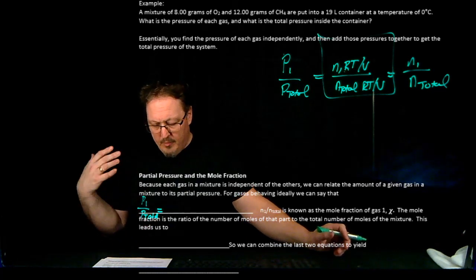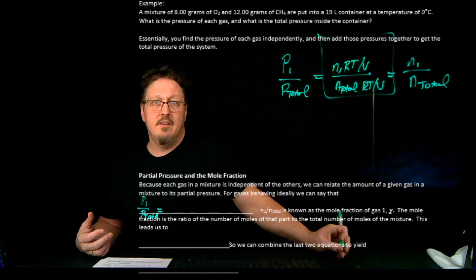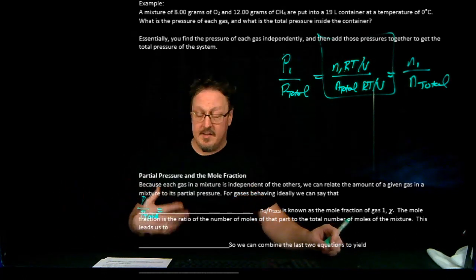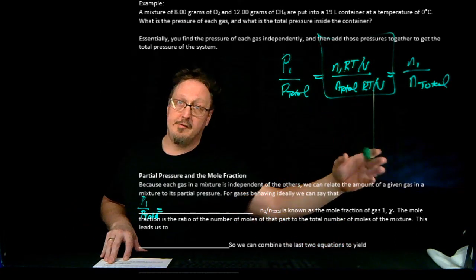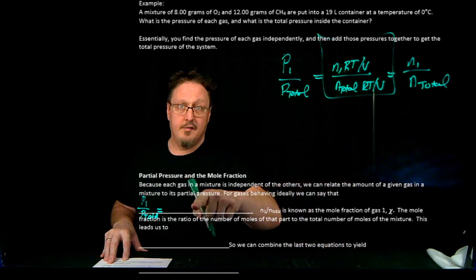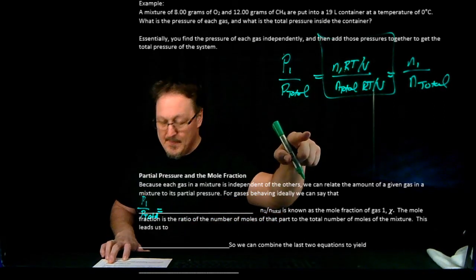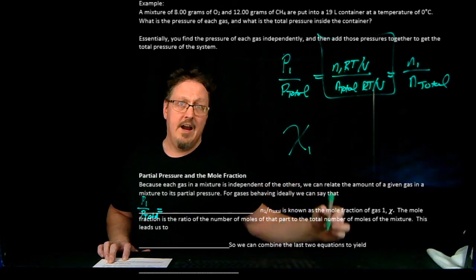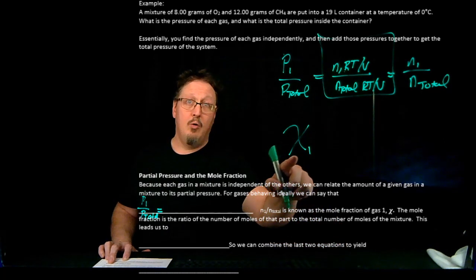Now the mole fraction is just the ratio of the number of moles of that part to the total number of moles in the mixture. This leads us to the next mathematical expression of this, right here. This funny looking X is called chi, the Greek letter chi 1, which is the mole fraction.